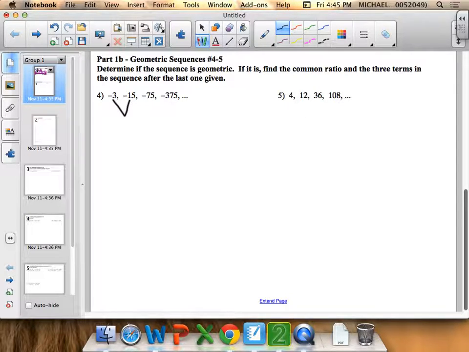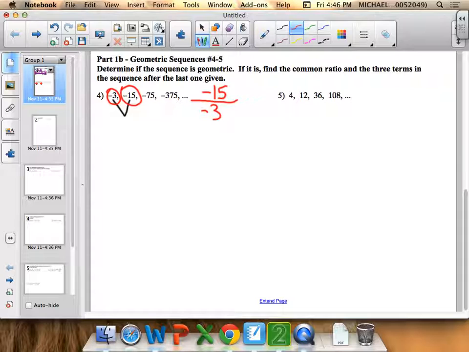The common ratio between the first 2 terms: I take the second term listed, which is negative 15, and divide it by the first term, which is negative 3. And I know that it's geometric because there's nothing that I can add to negative 3 to get negative 15 and have that be the same as adding that same thing to negative 15 to get negative 75.